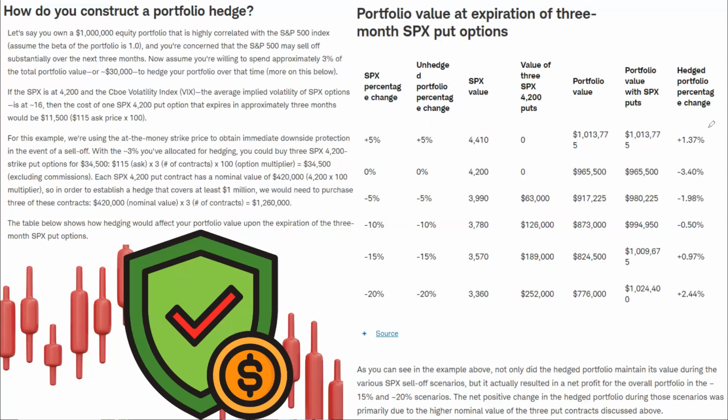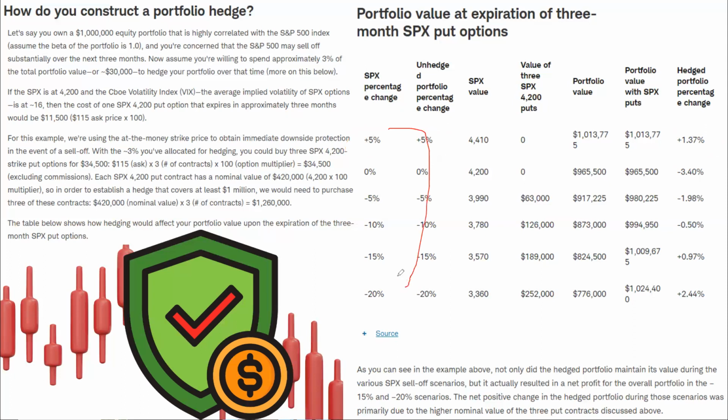Okay, and you're basically up about 1.37% versus somebody with an unhedged portfolio who's at 5%. So you see you lose a little bit more. You lose basically that 3% that you put in there. That cash is uninvested in long positions, and so you aren't able to capture that whole 5%.